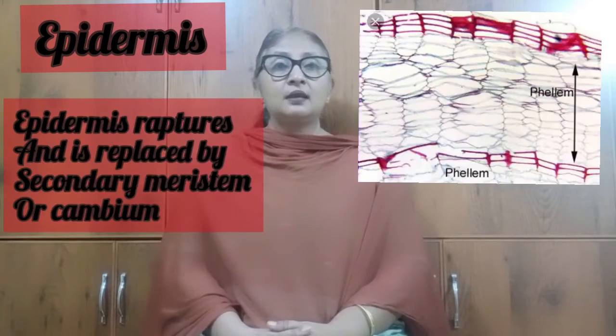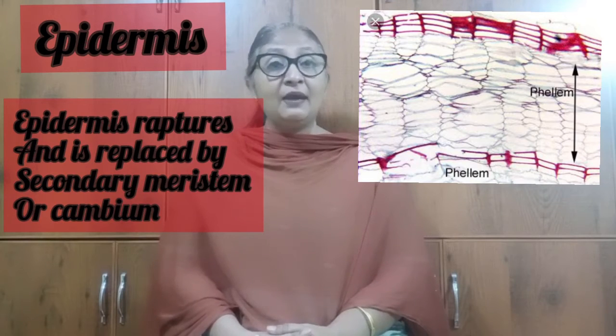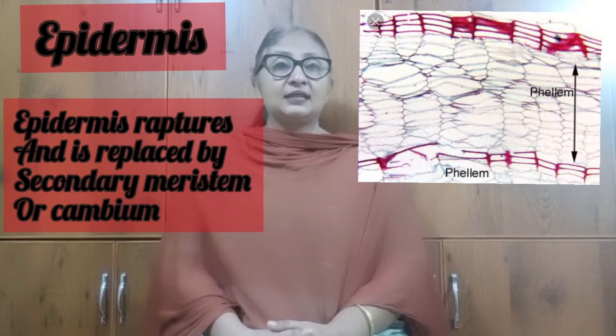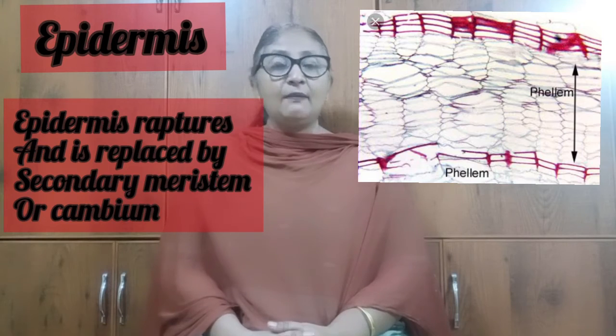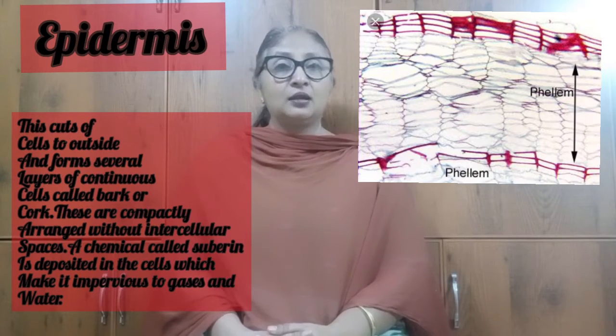Now, as the stem matures, the epidermal layer ruptures and there forms a secondary meristem known as cambium. The epidermal layer is replaced by the secondary meristem or cambium. This cuts off several layers towards the outside.